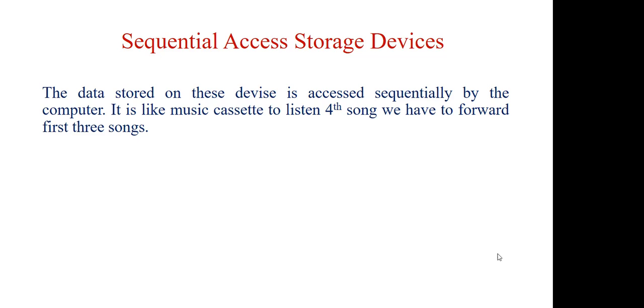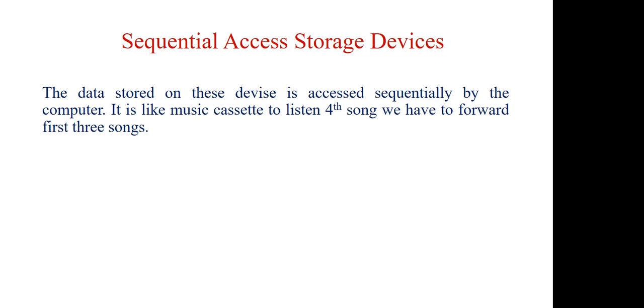For example, if we want to listen to the fourth song in the cassette, then we have to either listen to the first three songs or forward to the fourth song. We cannot directly go to the fourth song. It may forward very fast, but we first have to pass through all the data that comes before the fourth song.